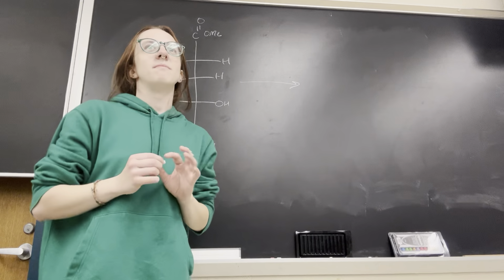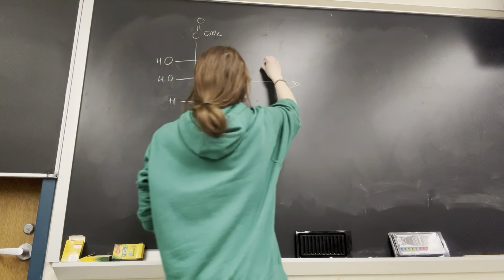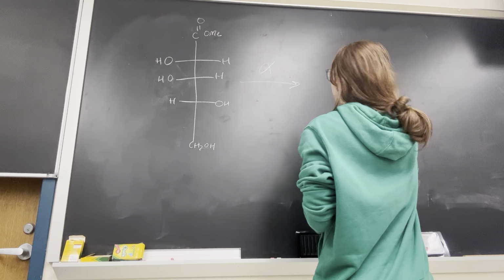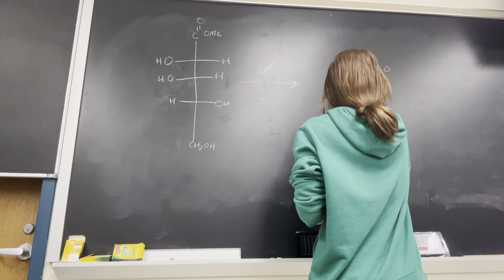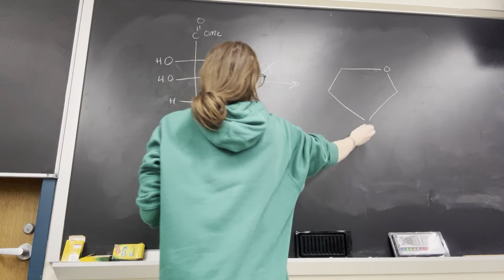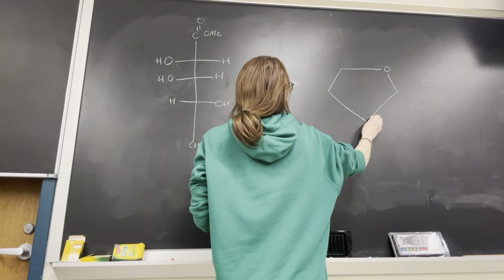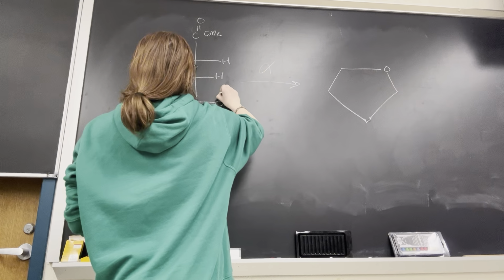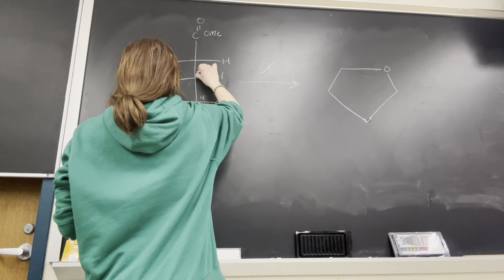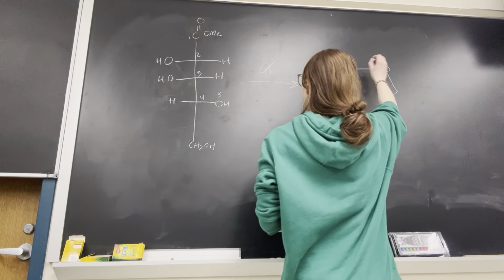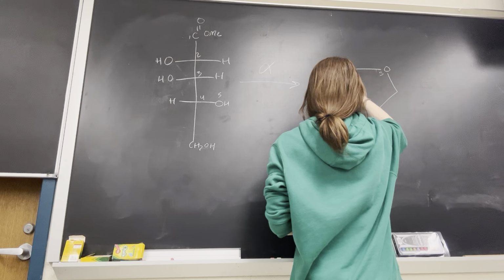Beta or alpha? Alpha. All right. So it's a 5-membered ring. And then I have 5, 4, 3, 2, 1.